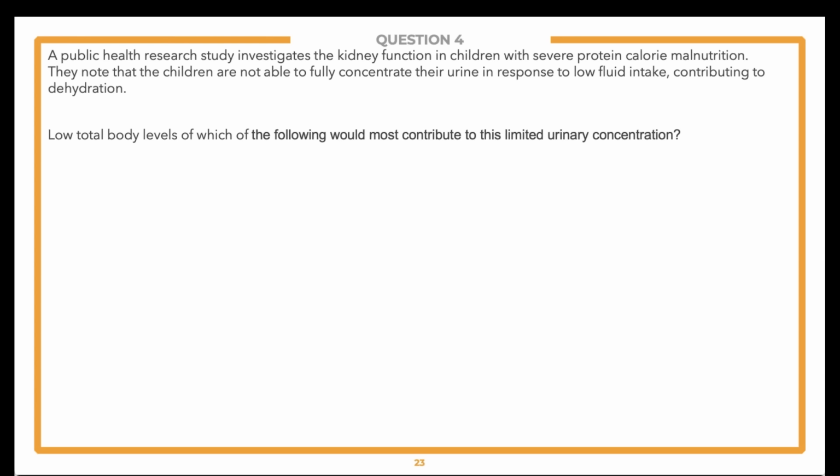A public health research study investigates the kidney function in children with severe protein-calorie malnutrition. They note that the children are not able to fully concentrate their urine in response to low fluid intake, contributing to dehydration. So low total body levels of which of the following would most contribute to this limited urinary concentration?